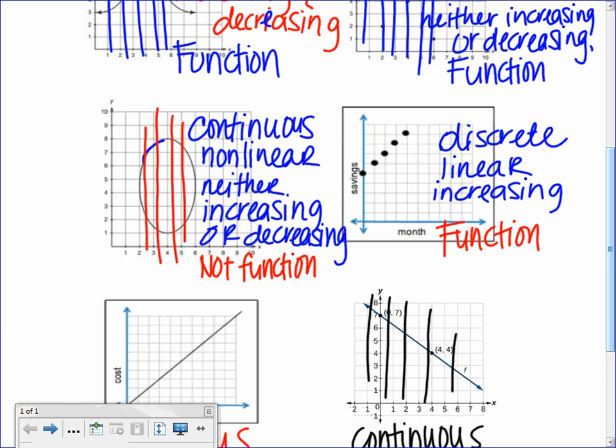So discrete data normally is data where you're comparing whole numbers. So with my amount of months, I wouldn't say, oh, well, in 1.5 months, I would have $60. So I would never connect, and I would make this discrete if I was making this my own set of data.